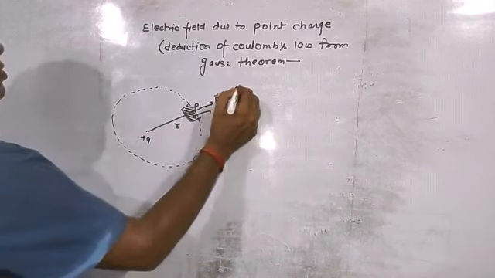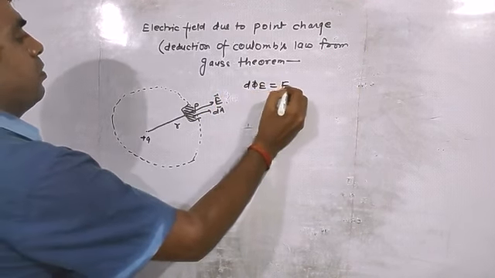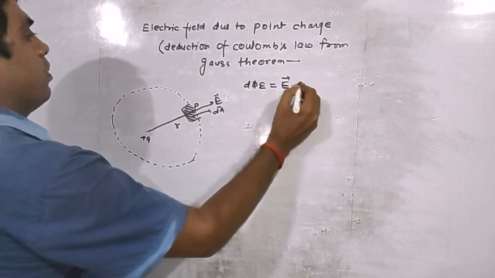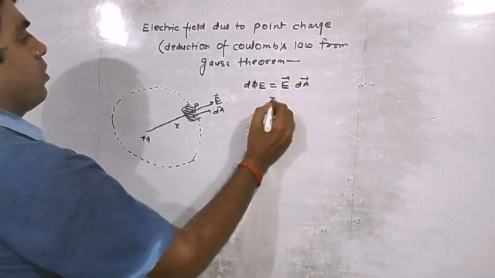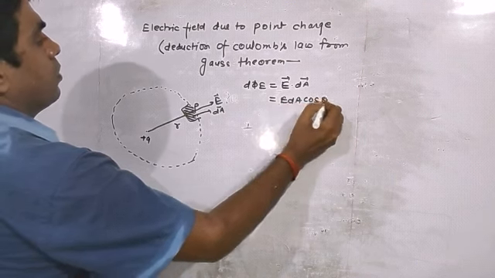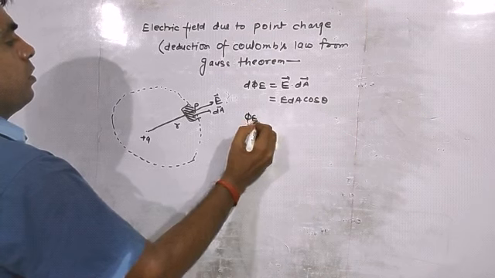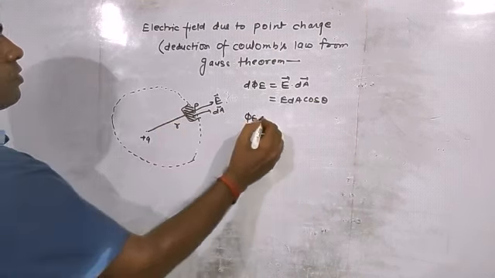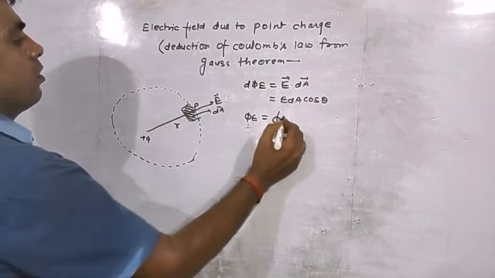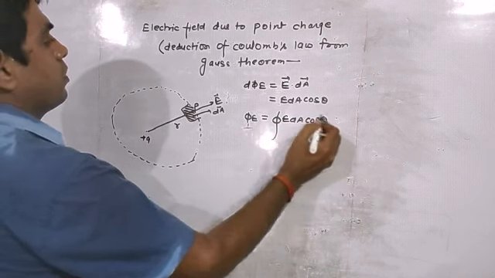Now according to Gauss theorem, d phi E is equal to E dot dA, or E dA cos theta. Integrating both sides, we get phi E. Now since it is a closed surface, E dA cos theta.